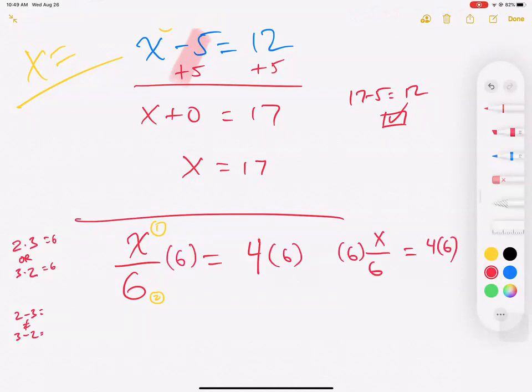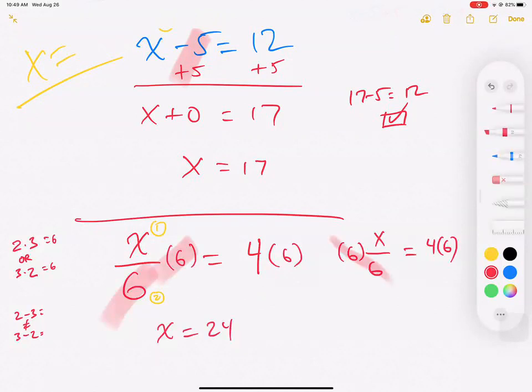So let's go ahead and look at this. What happens to 6 on top and 6 on the bottom? They divide out to become what number? An invisible 1. So I'm not going to write it. So we're left with x is equal to 6 times 4 is 24. If I went to the right side, these would still divide out.